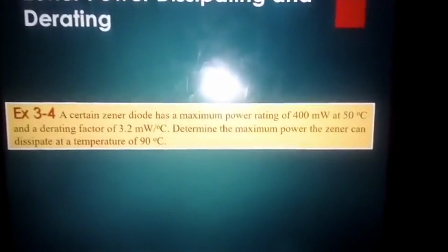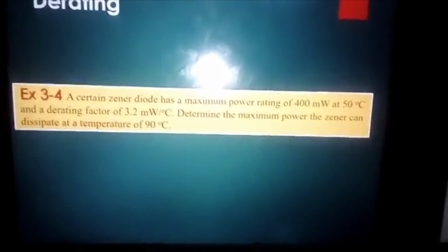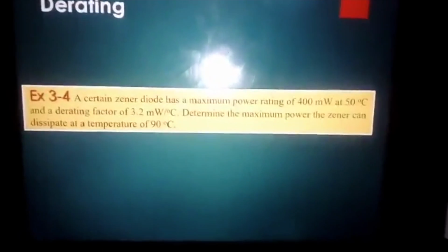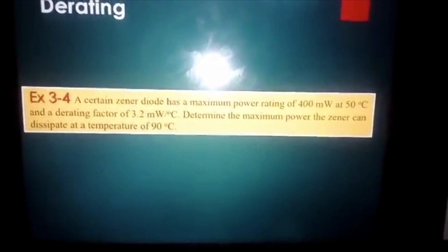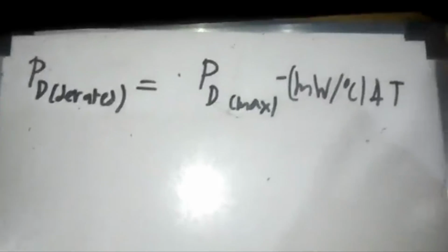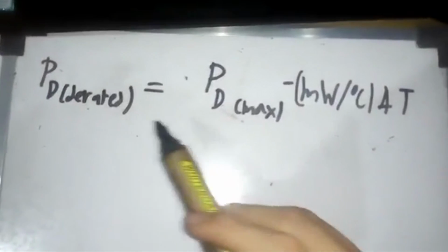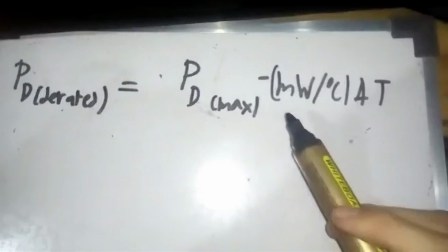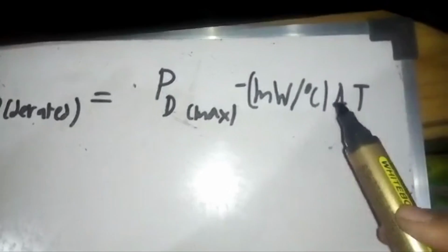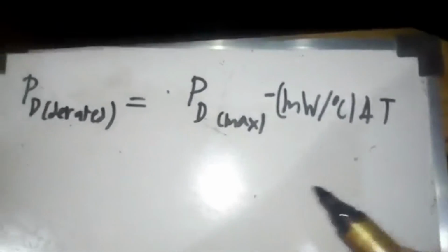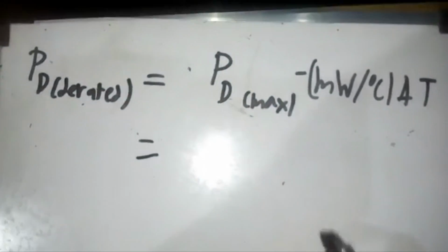A certain Zener diode has a maximum power rating of 400 milliwatts at 50 degrees centigrade and a derating factor of 3.2 milliwatts per degree centigrade. Determine the maximum power the Zener can dissipate at a temperature of 90 degrees centigrade. The formula given is PD derated equals PD max minus milliwatts per degree centigrade times the change in temperature. So we substitute in the values from the problem.